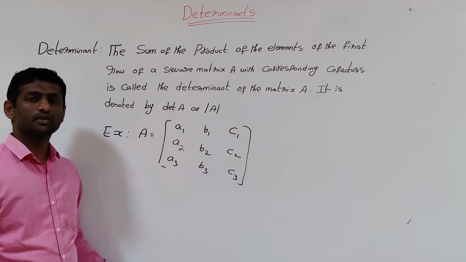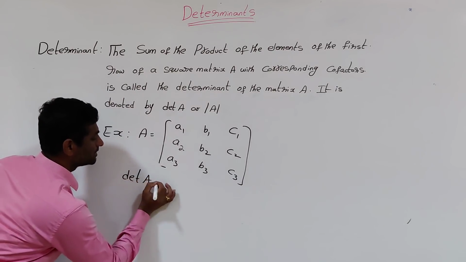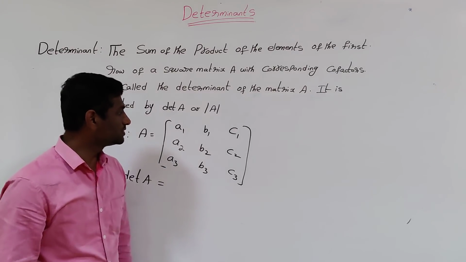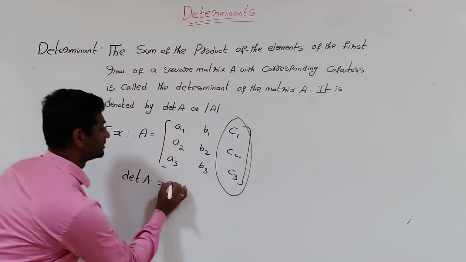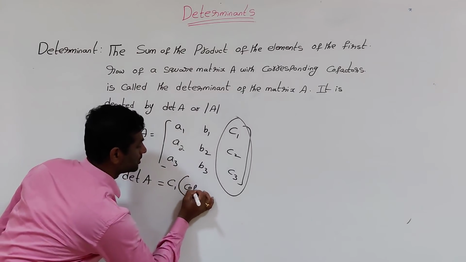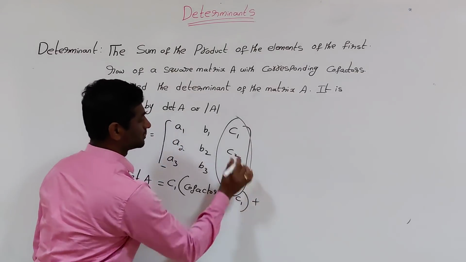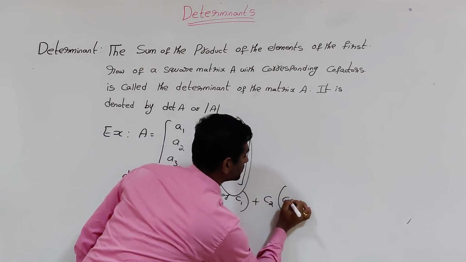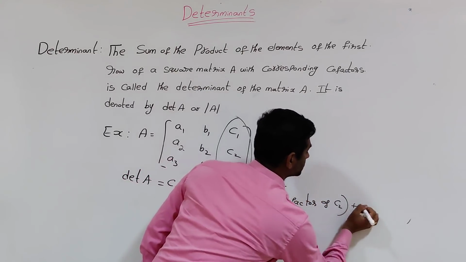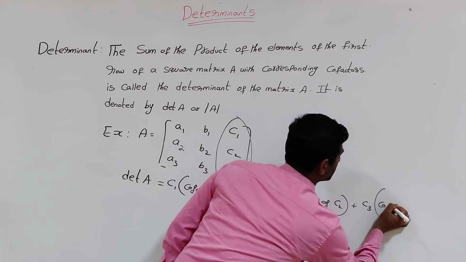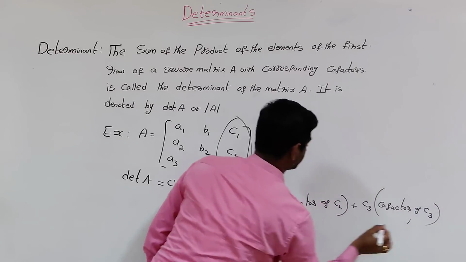We'll see the definition by using the column. That is, determinant of A is equal to... So if I want to choose third column, let's see how the definition will be. C1 into cofactor of C1 plus C2 into cofactor of C2 plus C3 into cofactor of C3.